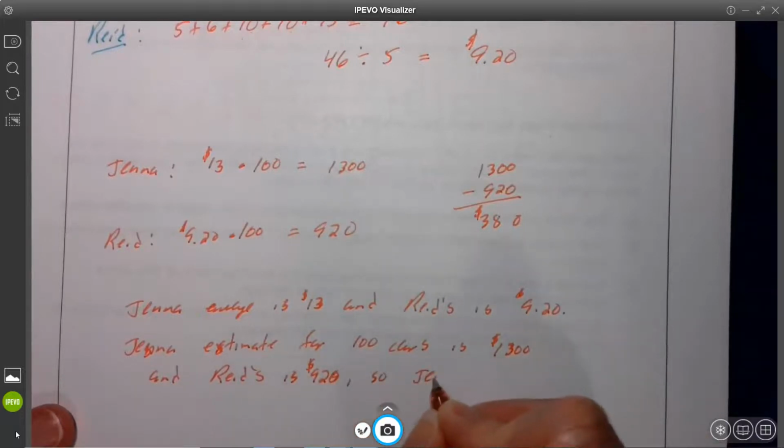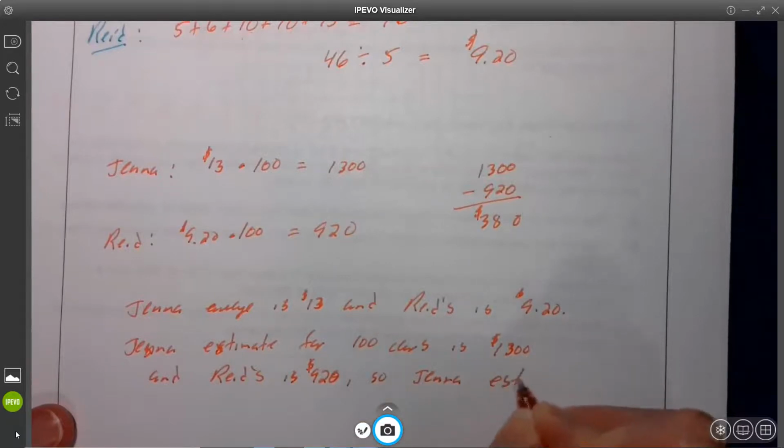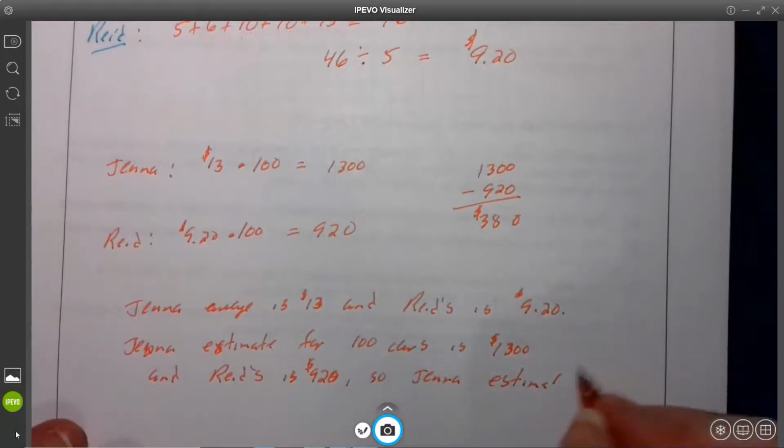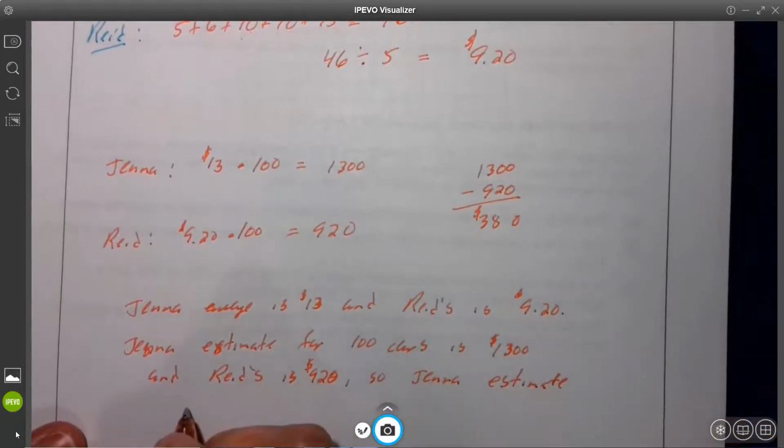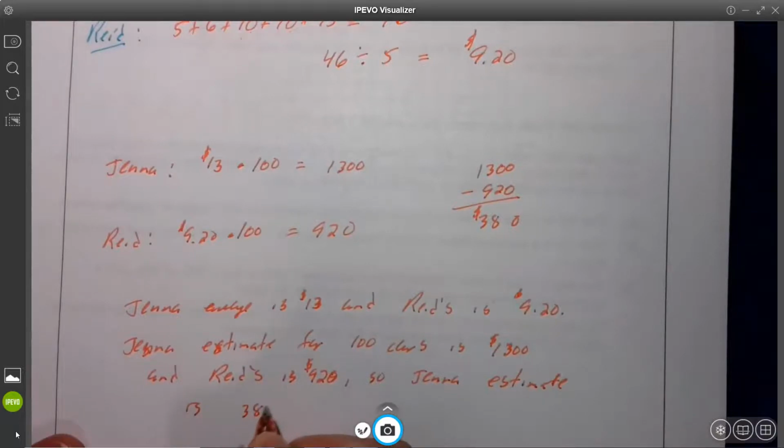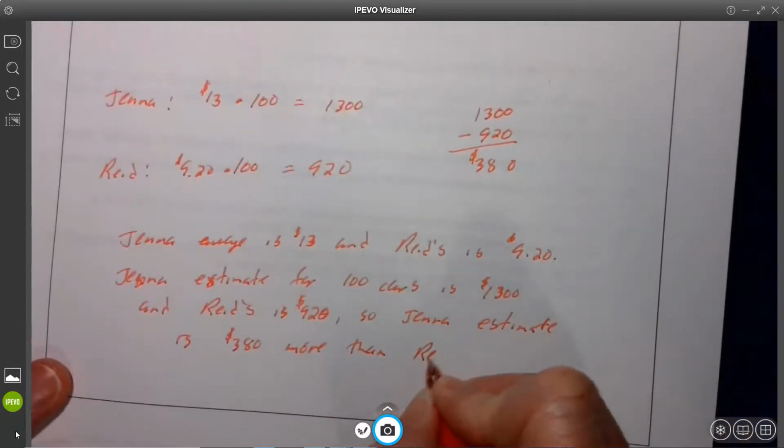So Jenna's estimate is $380 more than Reed's.